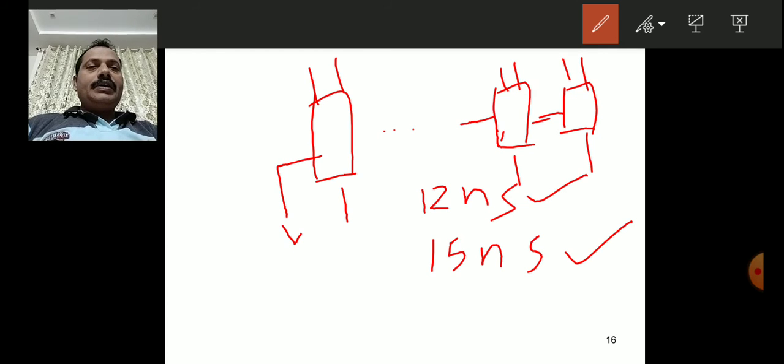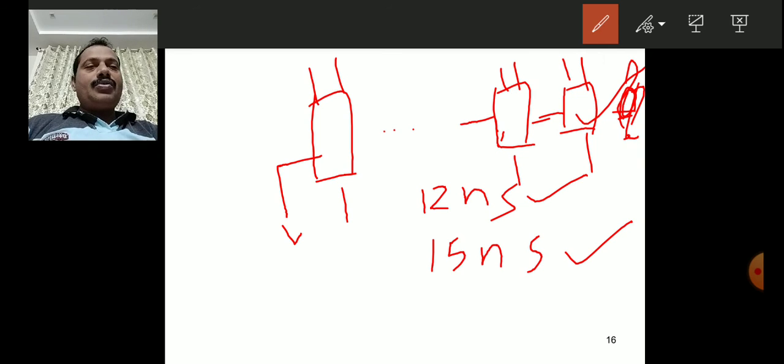That means this zeroth full adder is not receiving any carry from other full adder here. If you observe, there is no full adder before it because this is only the first full adder. That point we have to remember.